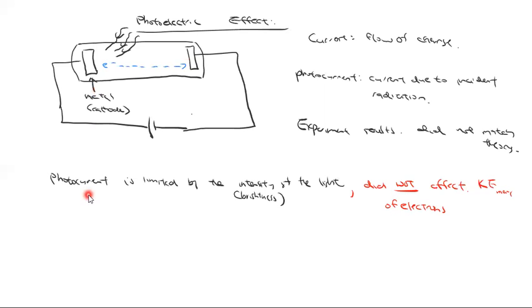And theory would say it should affect the Ke max. But, well, it doesn't. We also found that as the frequency increased, without changing the intensity, the photocurrent didn't change.